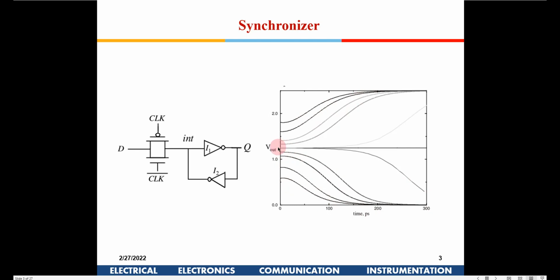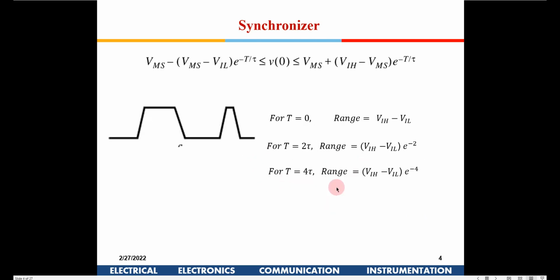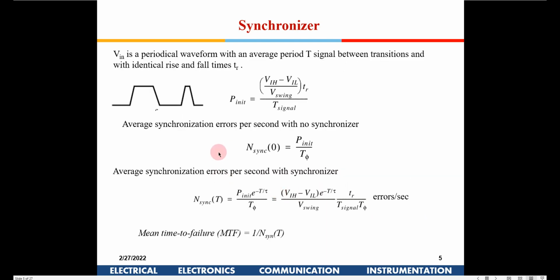So the input range which can cause a problem is exponentially decreasing as we give a large waiting time to the synchronizer. It's a very logical thing, right? Okay, so this is how a synchronizer works.